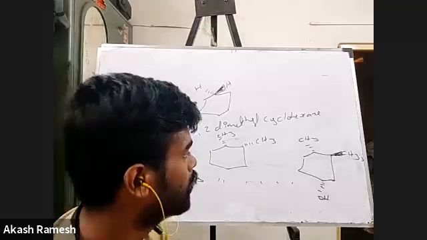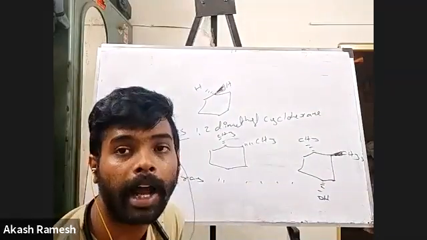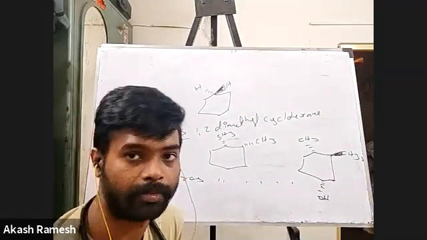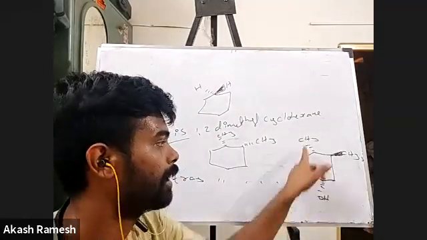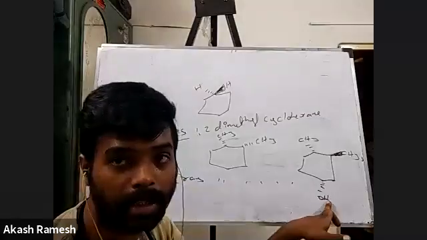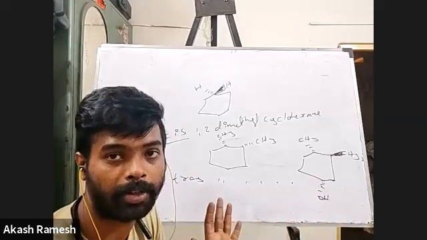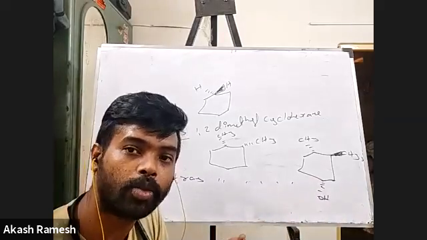So how will I speak? If I compare this methyl group and this OH, I will say that they are cis to each other because both of them are pointing away. But if I take this methyl group and this OH and compare, they are trans to each other. Hope you understand what I'm trying to say. If you have only two substituents, no problem.